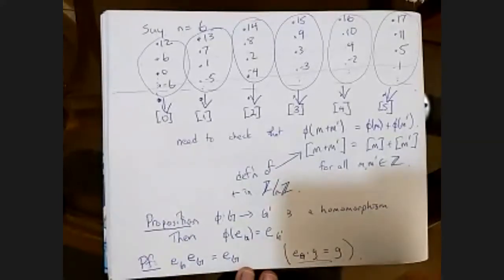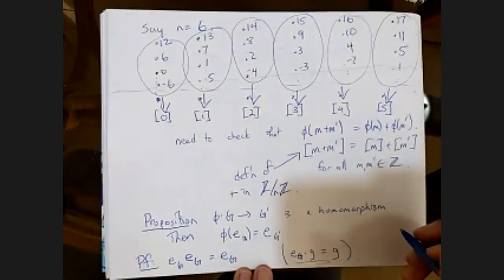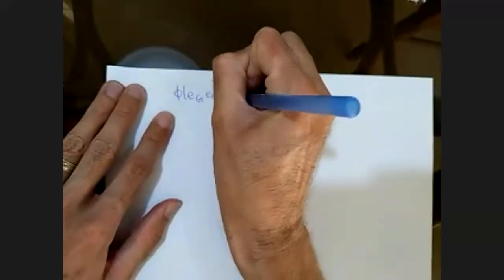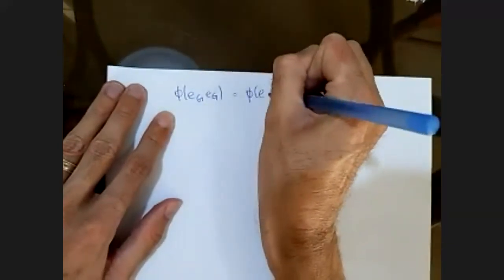Now apply the homomorphism phi to both sides. And you get phi of the identity times the identity equals phi of the identity.